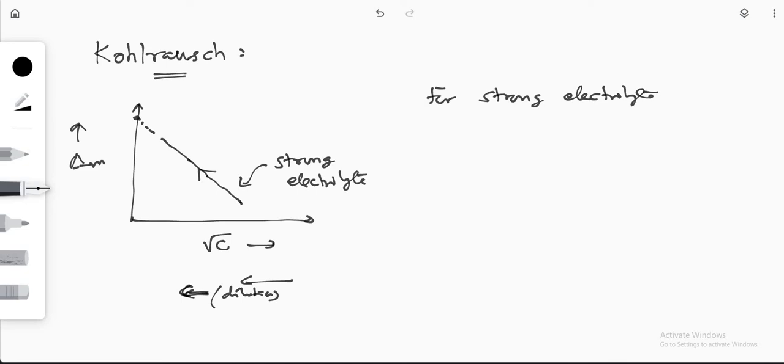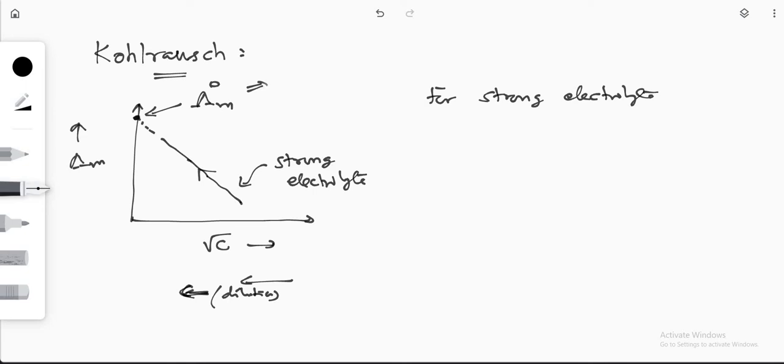Once that maximum value is reached, further dilution does not make any change in the conductance, and that conductance is nothing but molar conductance at infinite dilution, or limiting molar conductivity, represented by the symbol lambda m naught.